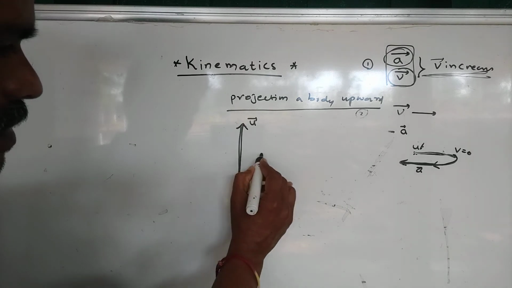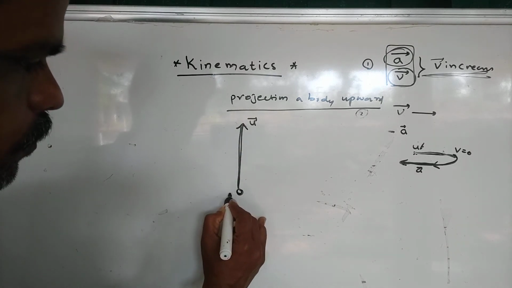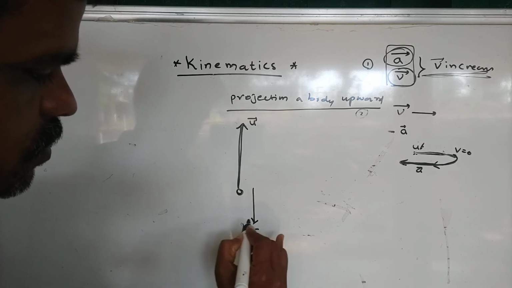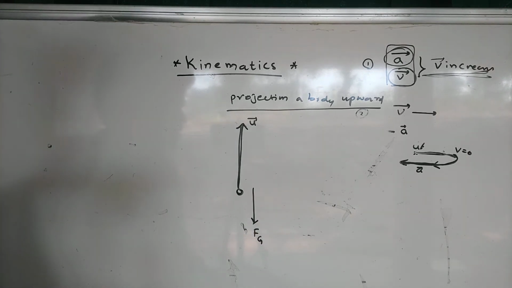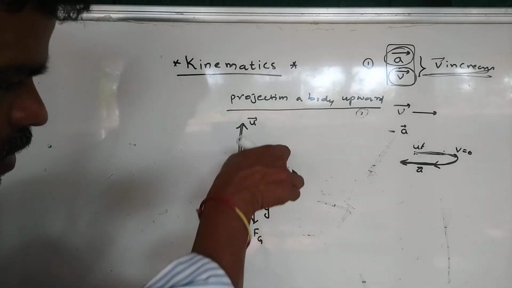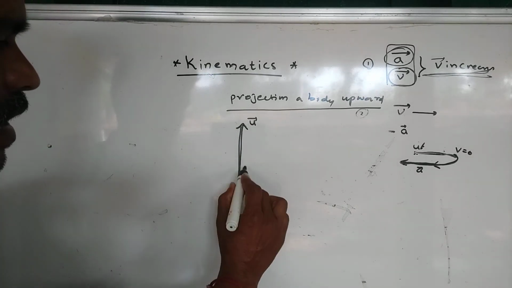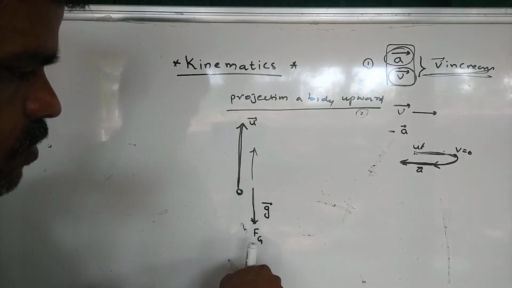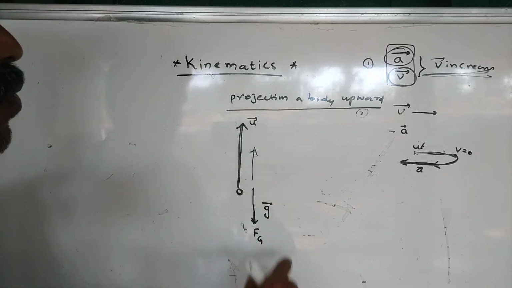Then on this ball, gravitational force acts downwards. So the gravitational acceleration g vector is acting downwards, but the velocity vector is upward. So both are in opposite phase.